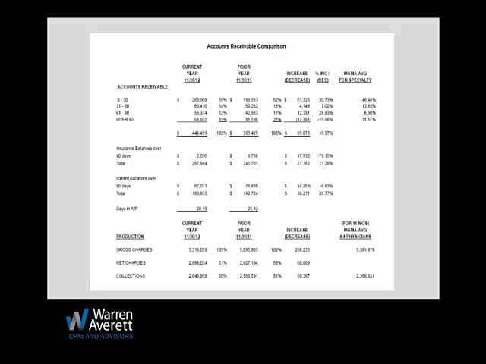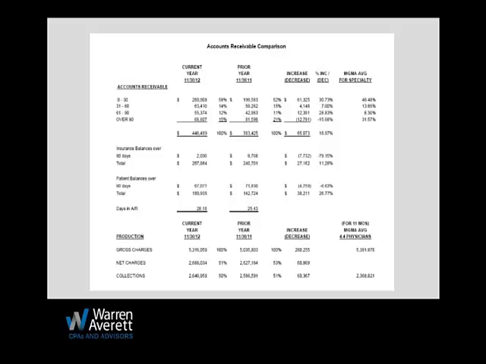Next is your days in AR. The easy definition of days in AR is how many days does it take for us to collect our money, from the day that the claim was filed to the day we received the money. And 28, 25, these are great numbers for this practice right here. I would tell you anything under about 30 is a great number. Between 30 and 40 is still okay.